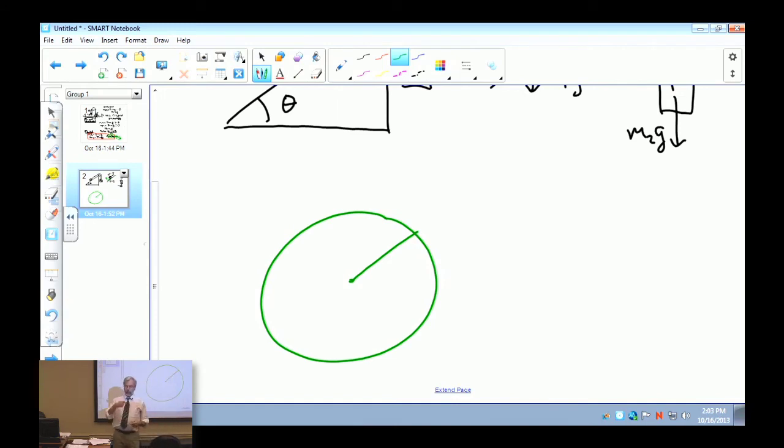So if you were to try to make something move in a circular orbit, say a bucket of sand, in which direction would the force have to apply to get the bucket moving in a circle? Inward. You have to pull the bucket to keep it moving in a circular orbit. The force is inward. We haven't actually analyzed what is the magnitude of that force for simple circular motion yet. That's coming.